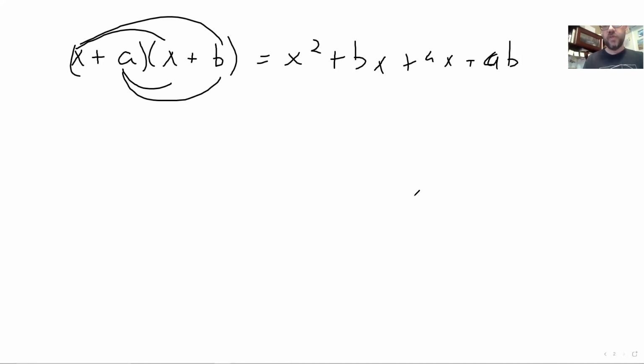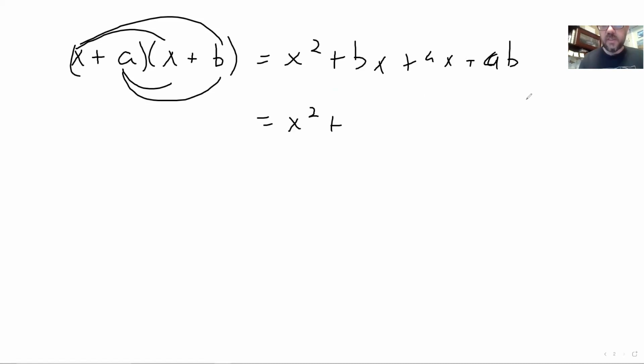Then I'm going to group these up by power of x. I'm trying to talk through this too fast, so it'll be easier to understand if I go a little slower.